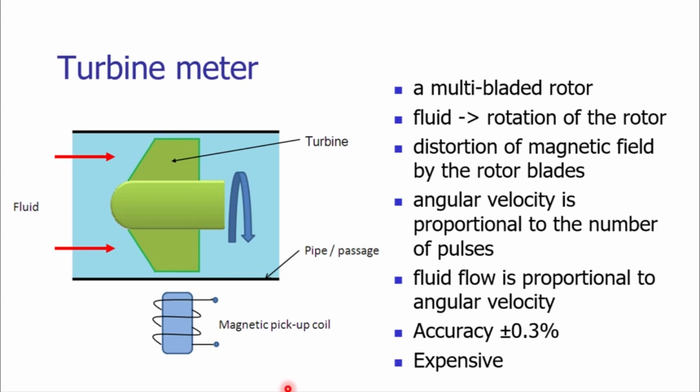The frequency of pulses is proportional to the angular velocity of the turbine. And the angular velocity of the turbine is proportional to the fluid flow rate. The turbine meter accuracy is better than the orifice plate. However, the cost associated with the turbine meter is high.